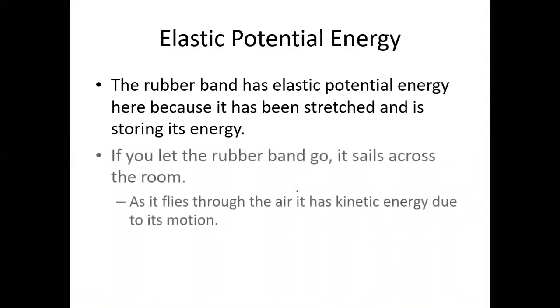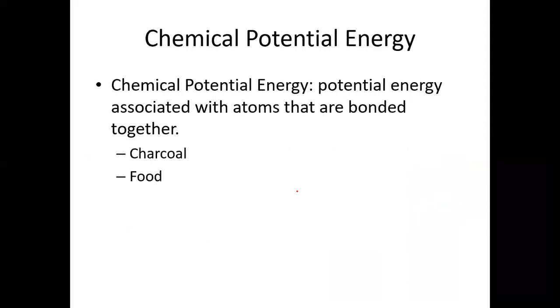If you let the rubber band go, it sails across the room. As it flies through the air, it has kinetic energy due to its motion. The kinetic energy came from the stored energy when the rubber band was stretched, so the kinetic energy was converted from elastic potential energy.